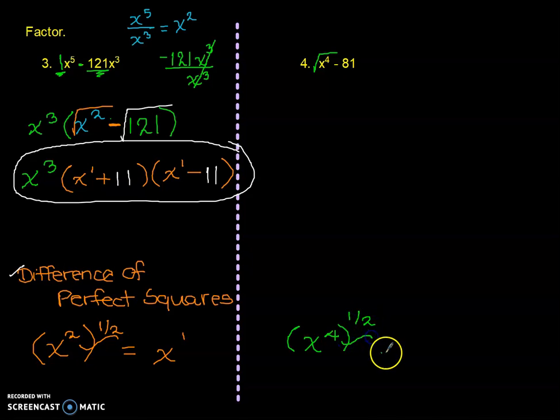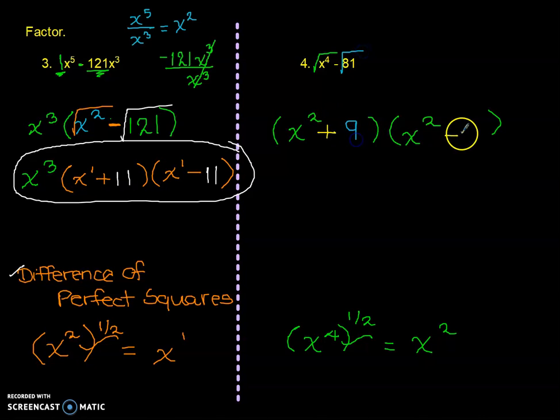So if I take a power to a power and multiply, 4 times 1/2 is just 2. So using my shortcut method for the difference of perfect squares, each parentheses will start off with x squared. Again, one parentheses always says plus, one says minus. And then the square root of 81 is 9.